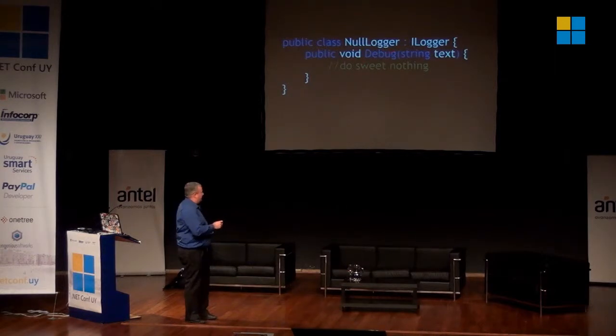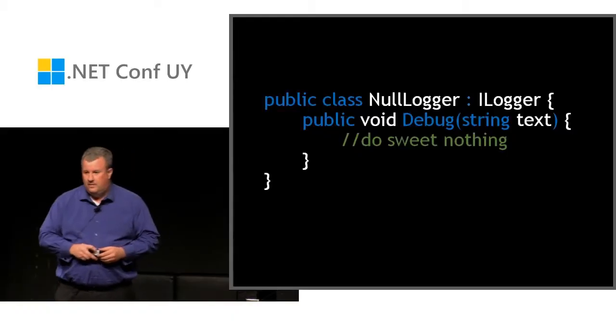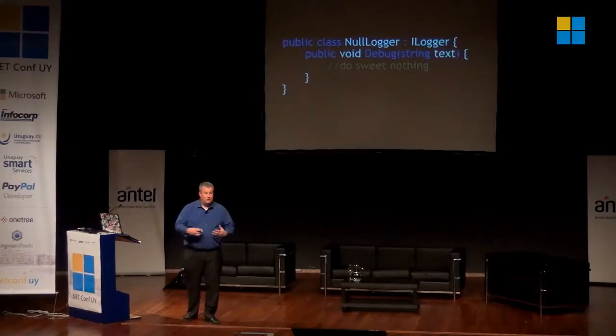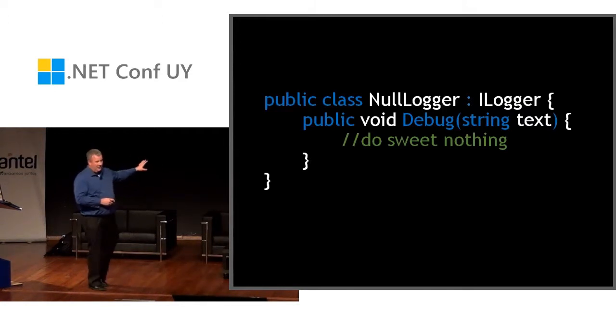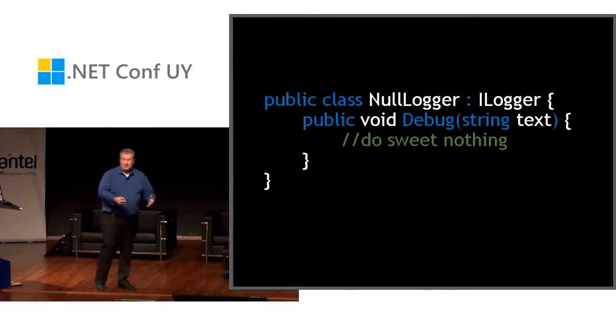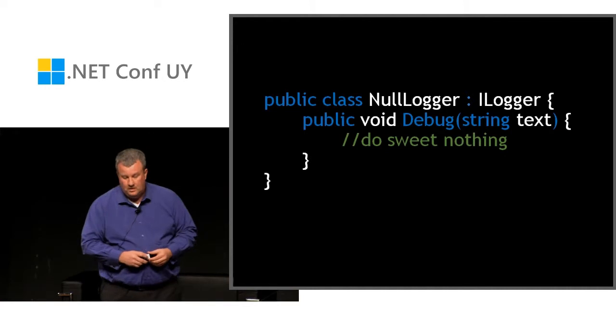In this case, we have Debug, but you probably have Debug and Error and maybe Info or whatever types you have. And you do absolutely nothing inside of them because you want it to act like it's not there. The NullLogger is like it doesn't exist. So now we've got a class that does nothing, but it looks like the proper object type.